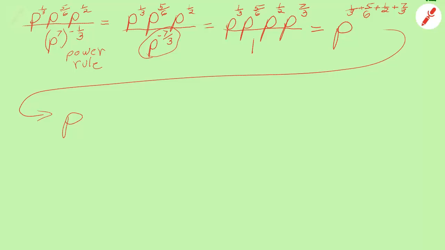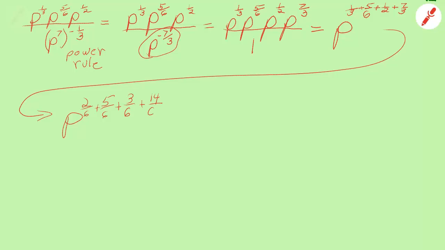Then I'm going to change 1/3 to 2/6. 5/6 is going to stay the way it is, so 2/6 plus 5/6. I'm going to take 1/2 and change it to 3/6, so I'll have plus 3/6. Then I'll take 7/3 and I'll change that to 14/6.